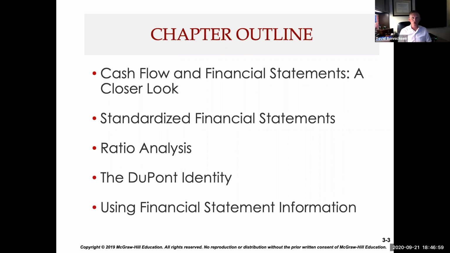Okay, so what we have to do is create these standardized financial statements where we take every line item on the income statement and look at it as a percentage of total sales or total revenue. So we convert each dollar amount into a percentage amount, which allows us to see from a cost of goods standpoint, what percentage of the total revenue is tied up with the cost of goods?